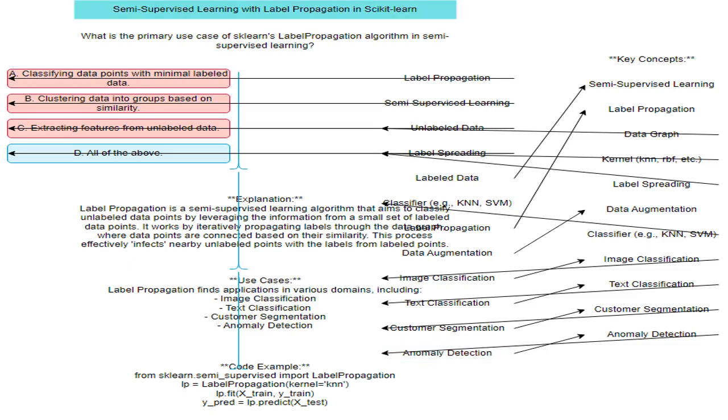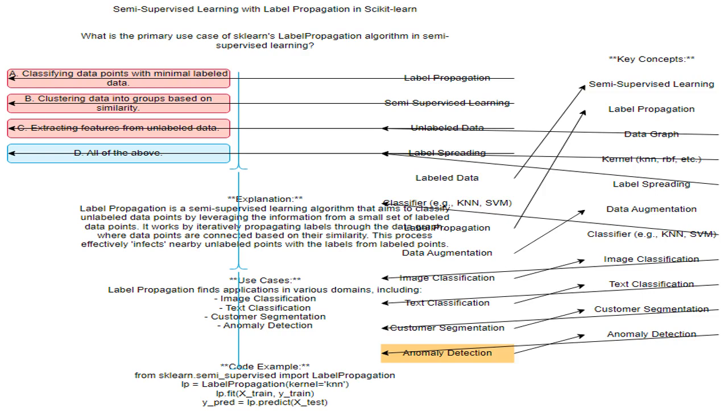Semi-supervised learning. Label spreading. Data graph. Kernel KNN, RBF, etc. Image classification. Text classification. Customer segmentation. Anomaly detection.